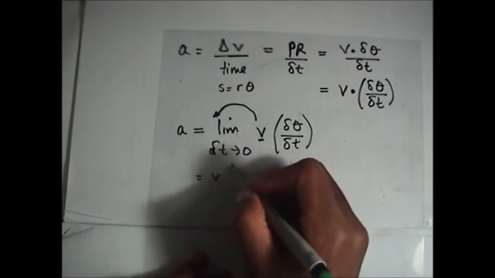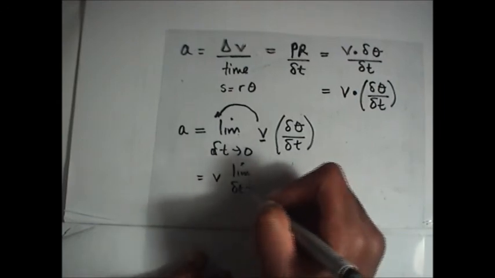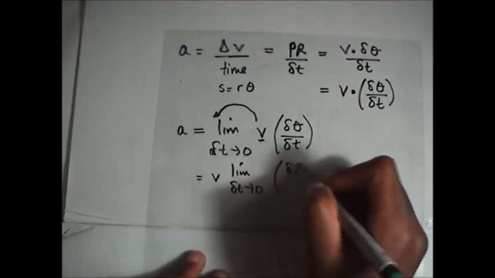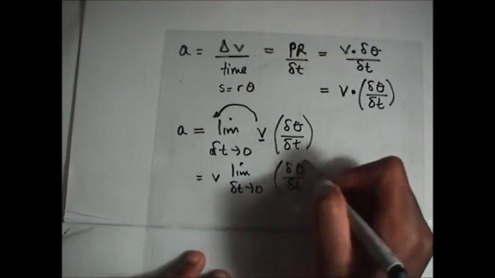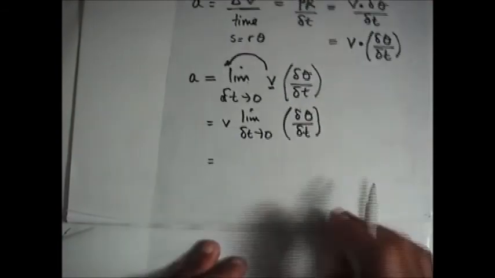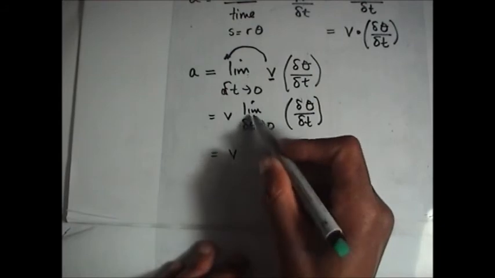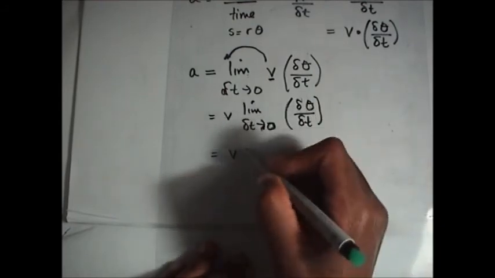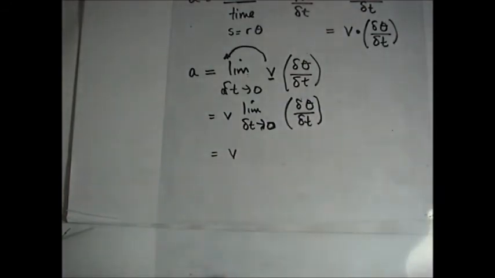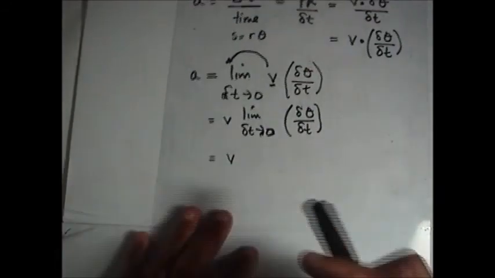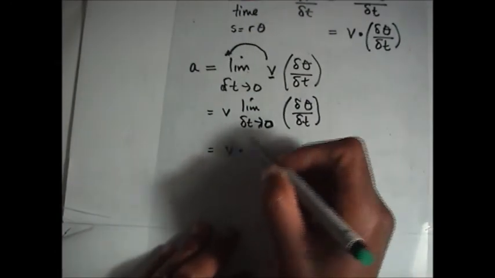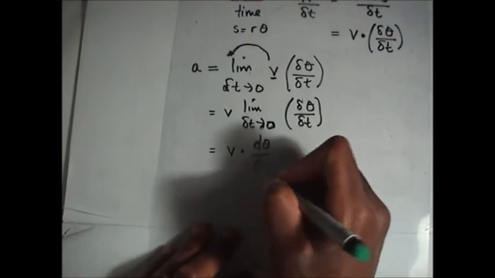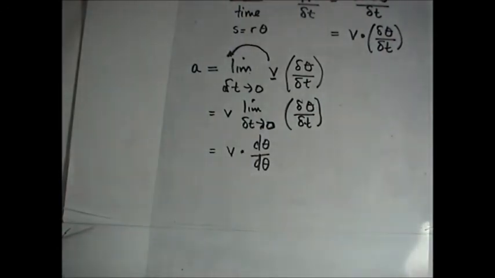These become derivatives, so this is V times d theta over dt. I think we've seen this before.